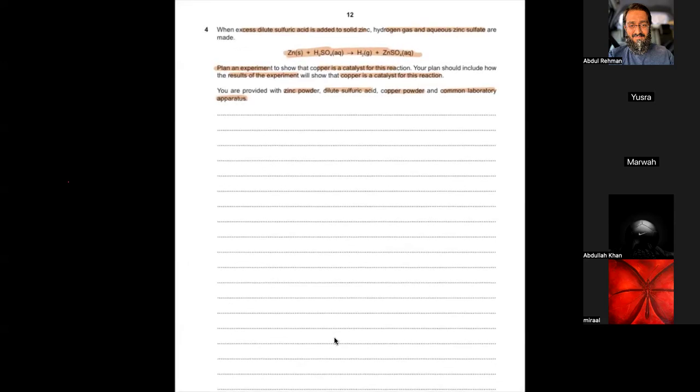So, use a fixed volume of sulfuric acid and transfer it in a container.